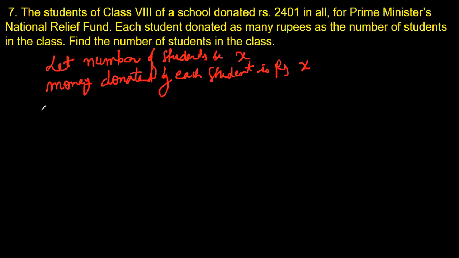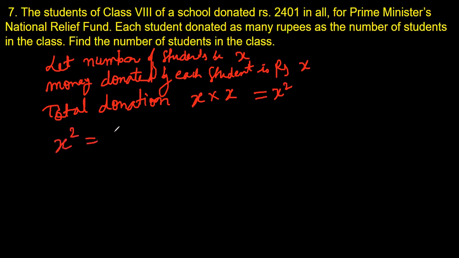Now what would be the total donation? Total donation would be number of students multiplied by money donated by each student. So we will say x multiplied by x, that is x square. So what we are getting now, x square is equal to 2401.